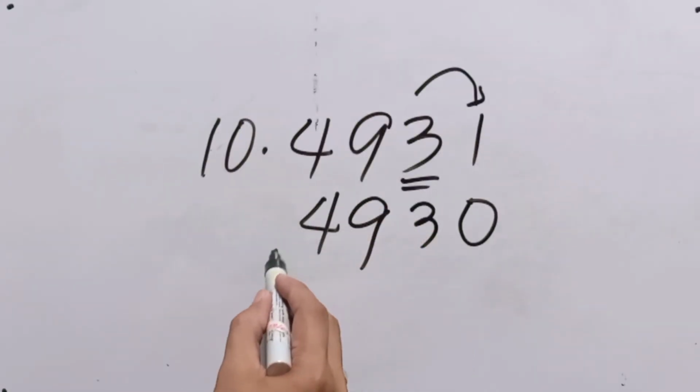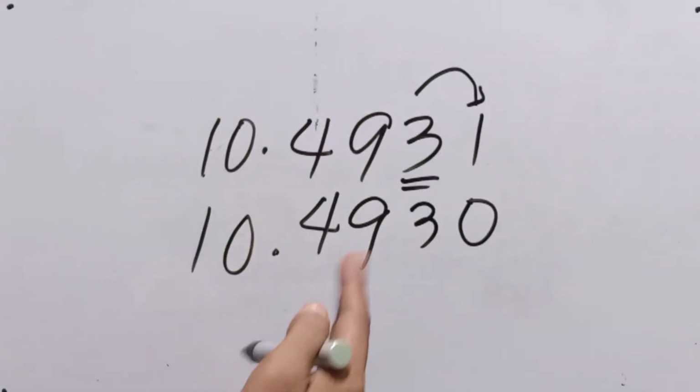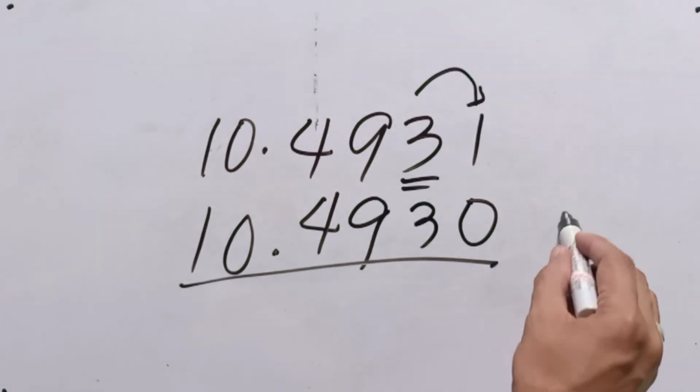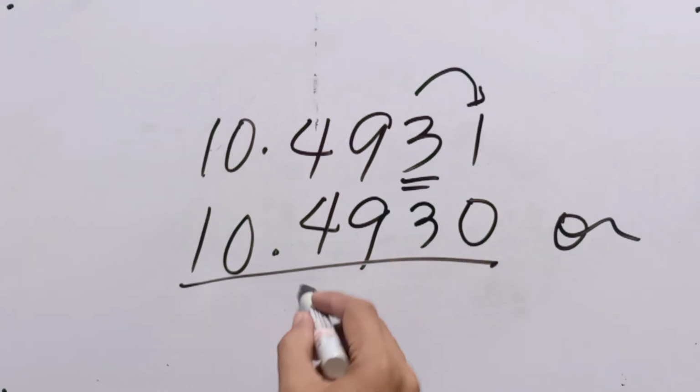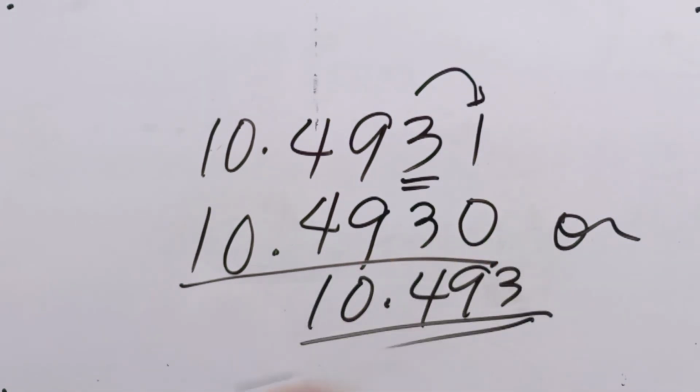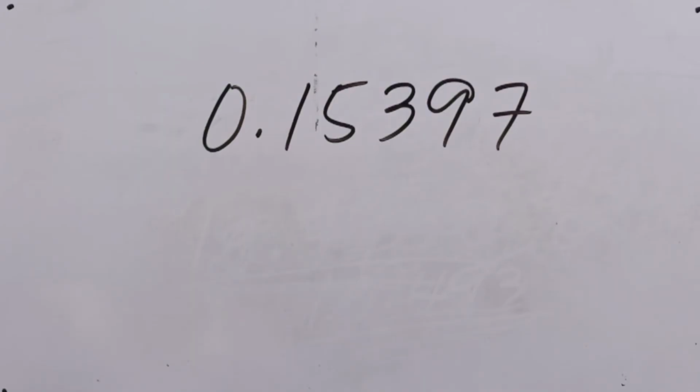So with the decimal point, remain all the digits to its left. So our answer is 10.4930, or we can remove the 0. We can remove this, so we can have 10.493.